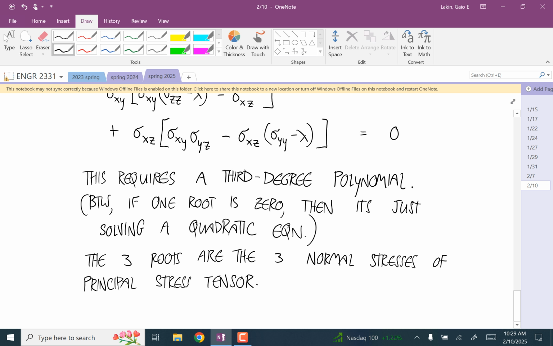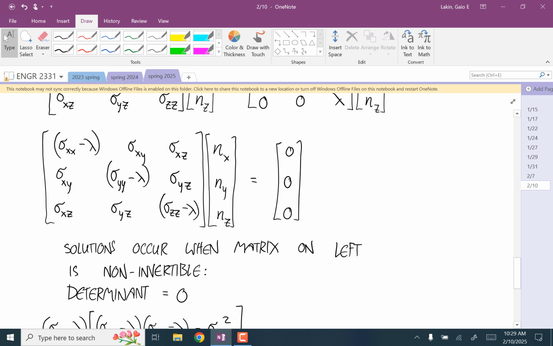And so once you've found those three roots, one by one, you plug those roots into this equation and solve for this unit vector. Okay.